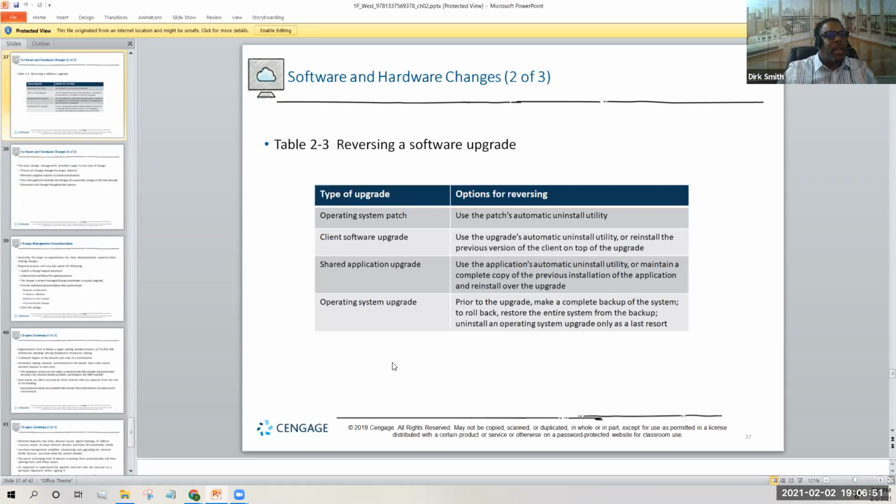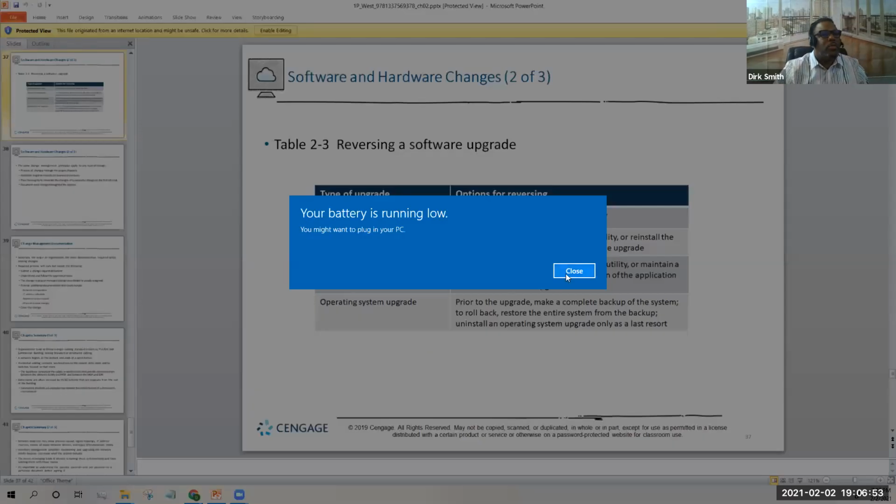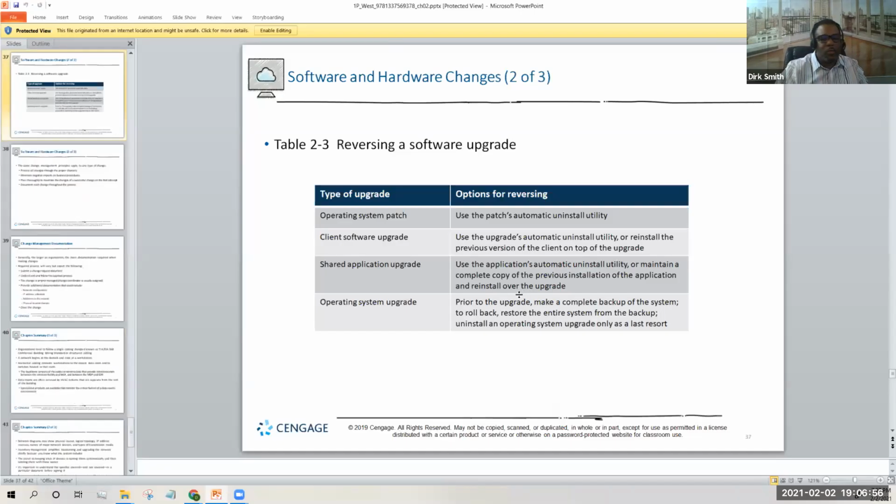Reverting a software upgrade. So reversing a software upgrade, you want to make sure that when you're putting things back to the original state they were in before, everything is working the exact same way.